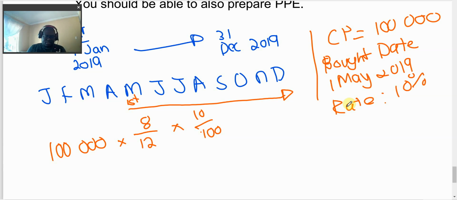So if you take 100,000, then you will calculate. I'm also calculating on my calculator. 100,000 multiplied by 8/12 multiplied by 10/100.